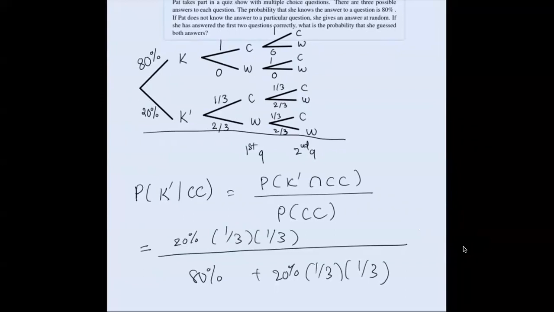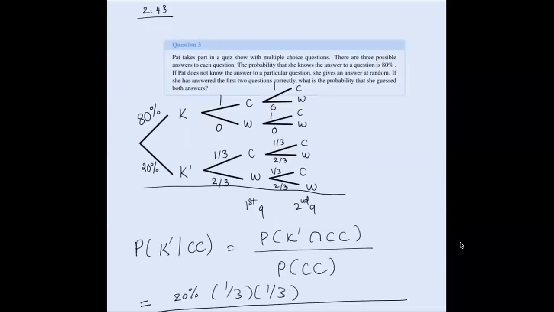So there's no possibility that she knows one but not the other. Realistically, yes. But for this intended answer, no. I can also upload another solution later about how to solve the problem if we don't have this assumption. Does that make sense?